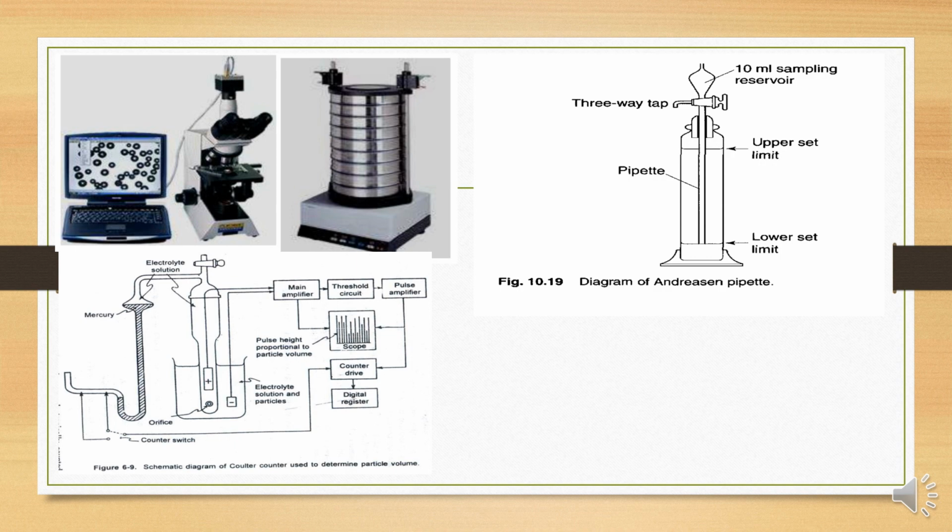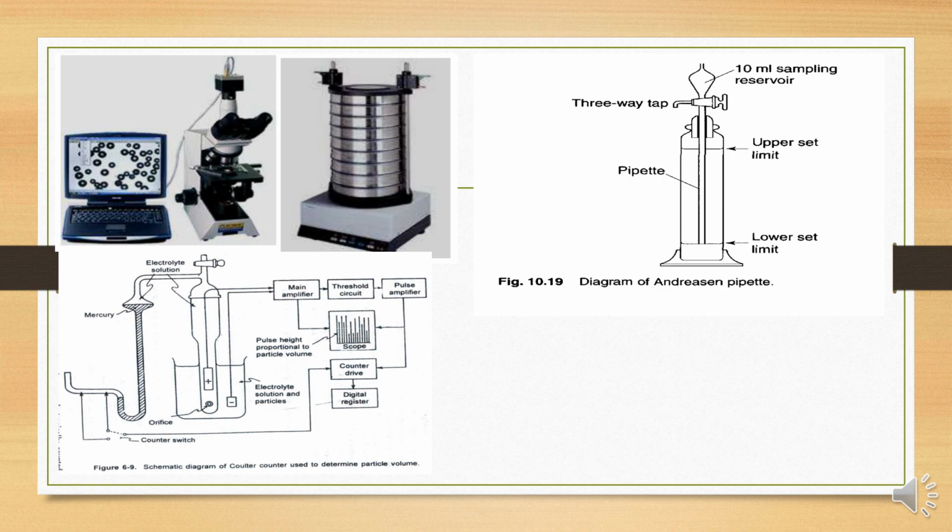In the conductivity method we measure particles with a size range from 0.5 to 500 micrometer, and this method gives a number distribution, and we are measuring the particle volume. This method finds application in studying particle growth in suspension and solution, dissolution, as well as the effect of antibacterial agents.